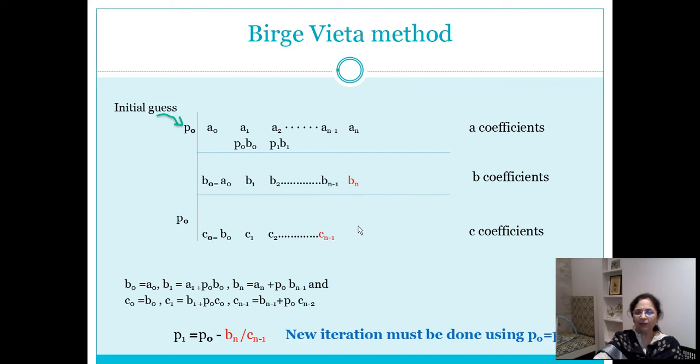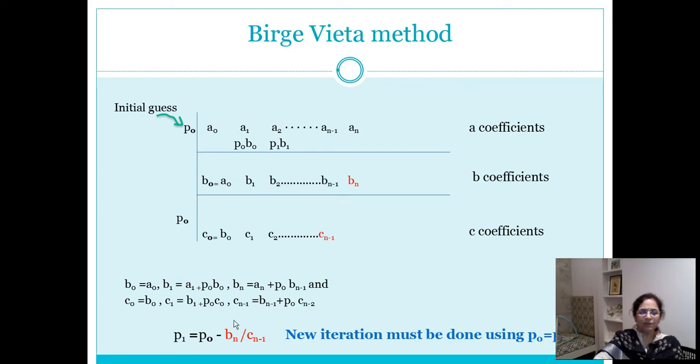So I have not written cn. This must be remembered. By completing these calculations, we pick up only bn and cn minus 1 for calculation of the new value of the assumed starting value of the root. So p1 can be calculated as original p0 minus bn upon cn minus 1.